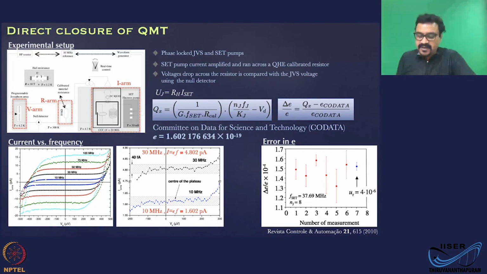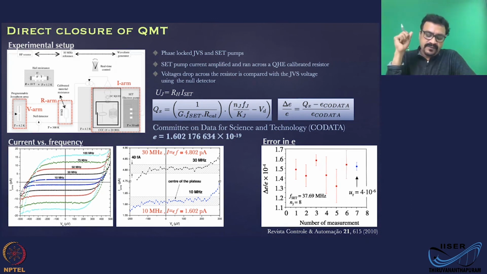But eventually in this experiment, what they have done is, instead of checking that, you check how the charge e varies from the CODATA value, and you can see that it is pretty good, because it is 10 to the power minus 4 of the electronic charge, which is a very small number, 10 to the power minus 19 coulomb. So I would say the accuracy is basically 10 to the power minus 23 coulomb or something like that. That is what you have in the electronic charge.